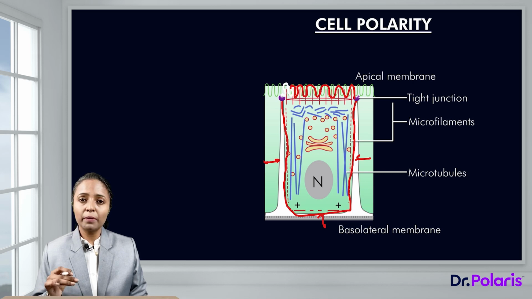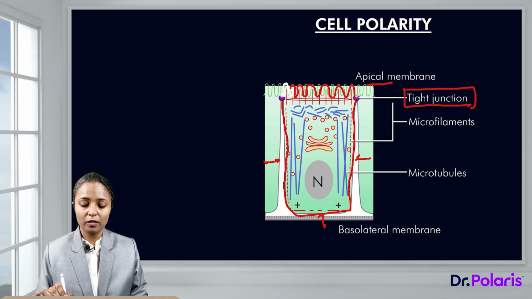The apical part of the cell membrane faces towards the lumen. Now, at the junction of the apical membrane and the basolateral membrane, we have tight junctions. So what happens? The proteins which are present on the lateral and basolateral side of the membrane are different from the proteins which are present on the apical membrane.